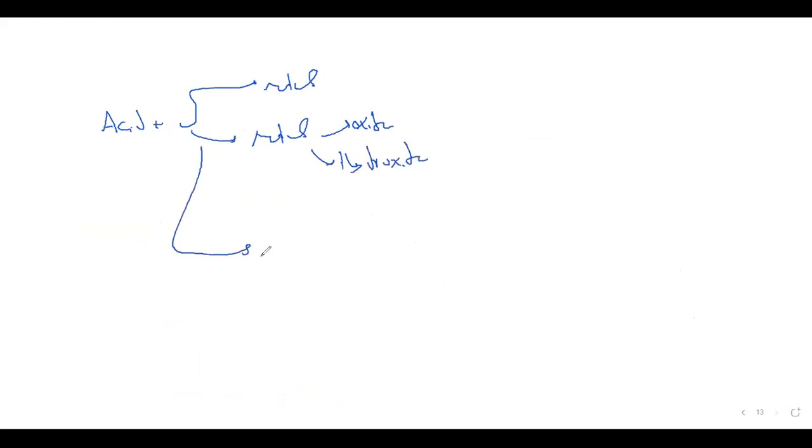You'll find that acid plus active metal, metal oxide or hydroxide, metal carbonate or bicarbonate, all of them will produce salt.